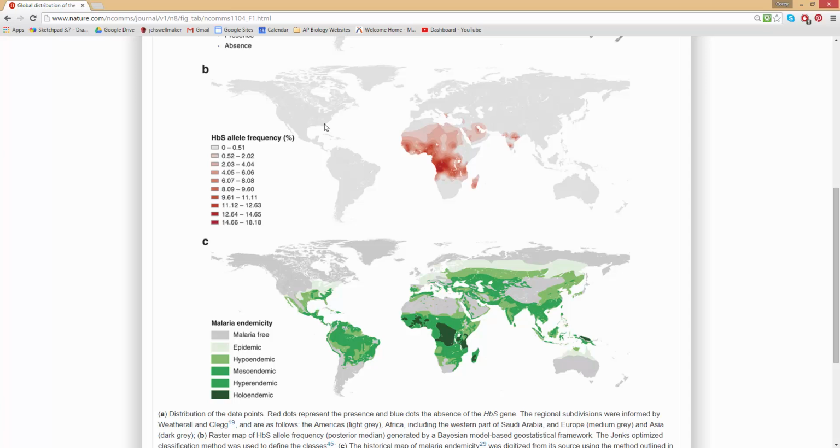So let's look at why that might be. First we're going to look at what exactly an allele is.